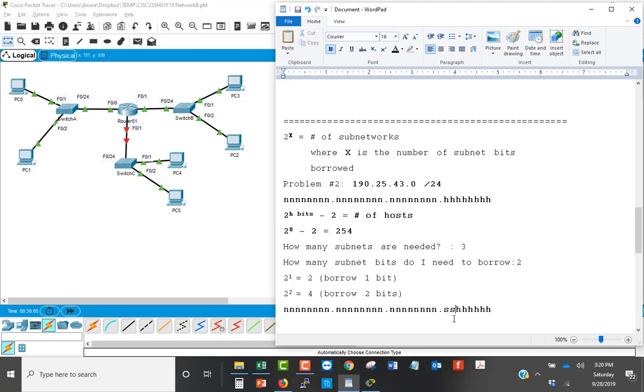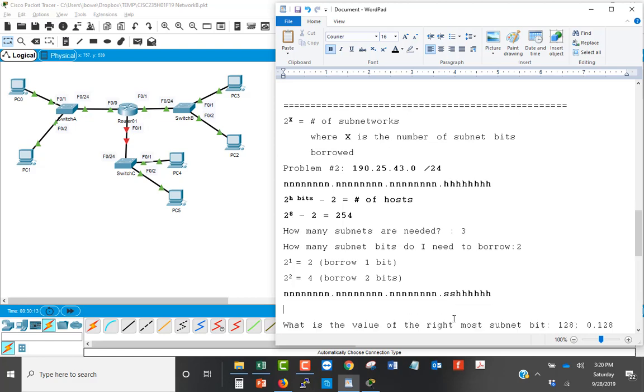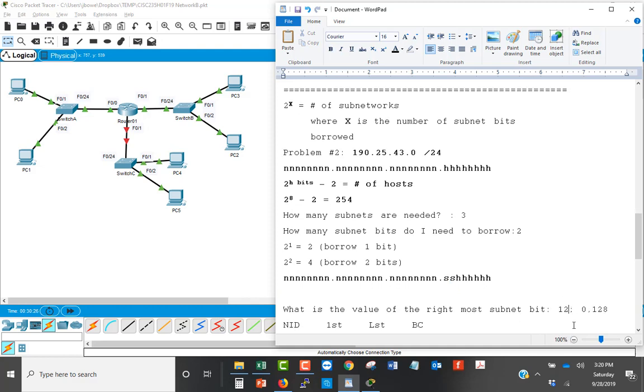2 to the 6 is 64, minus 2, which is 62 for each block. So now what's the value of the rightmost bit? Well, it's not 128, it's 64.